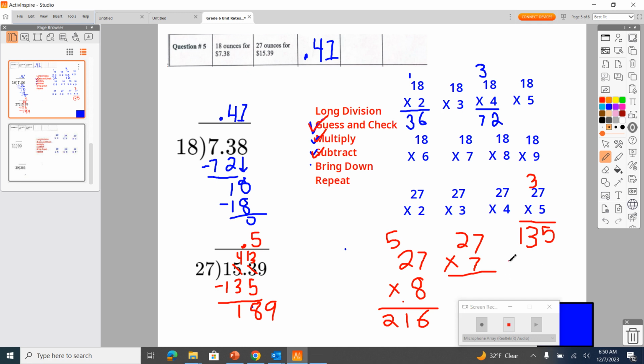27 times 7 is 49. Ooh, wait. 7 times 2 is 14, plus 4 is 189. I did my guess and check. I got that I'm going to use 7.